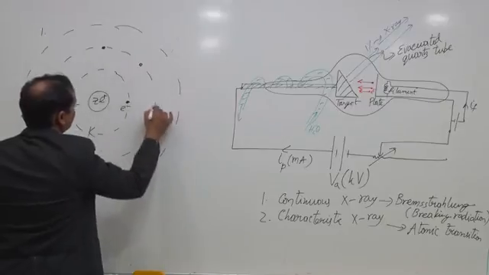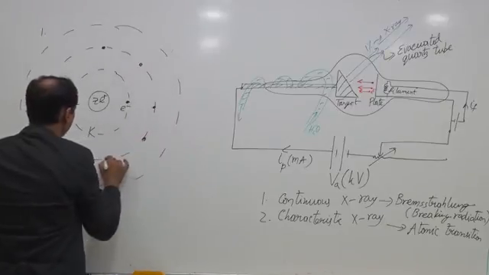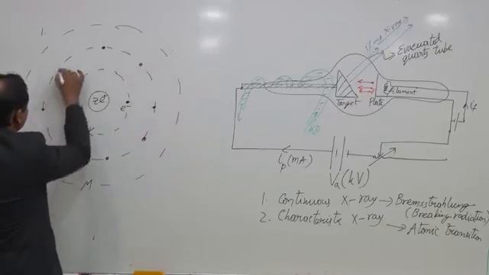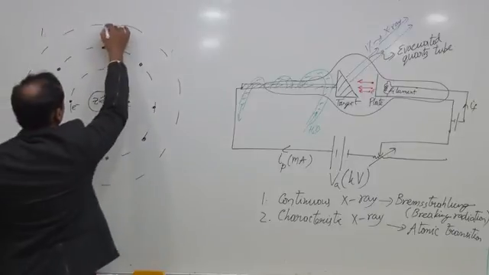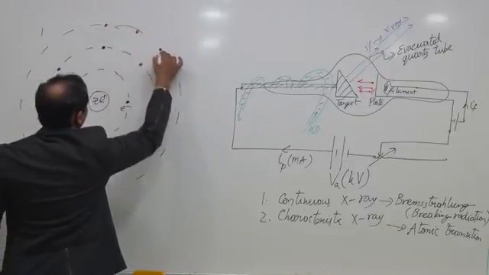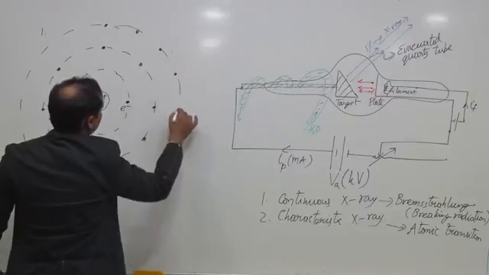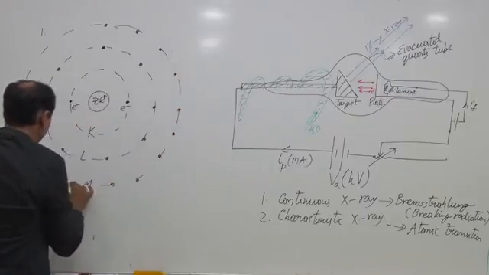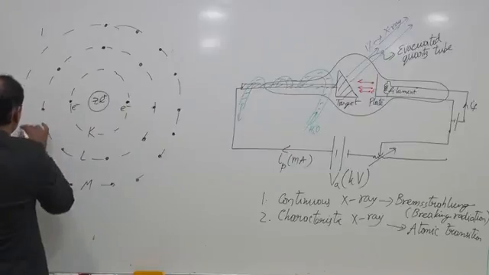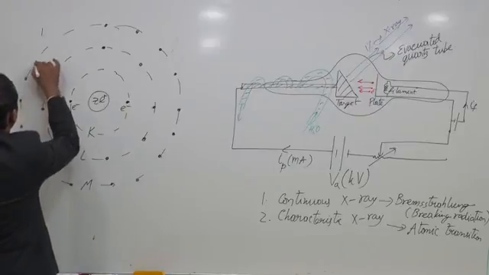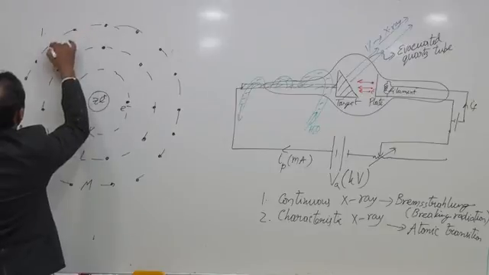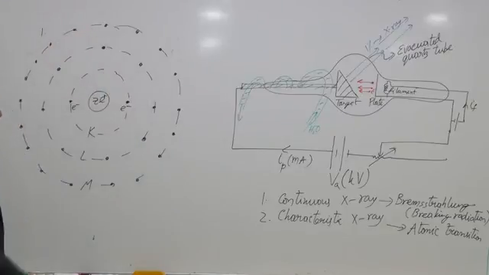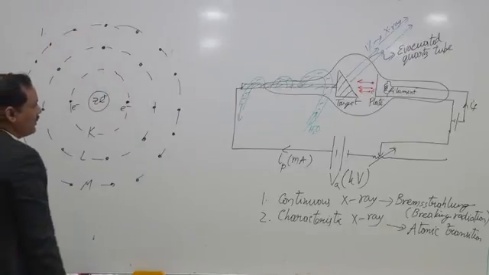In L there are 8 electrons. In M there are 18 electrons. So, this is how electrons are distributed.